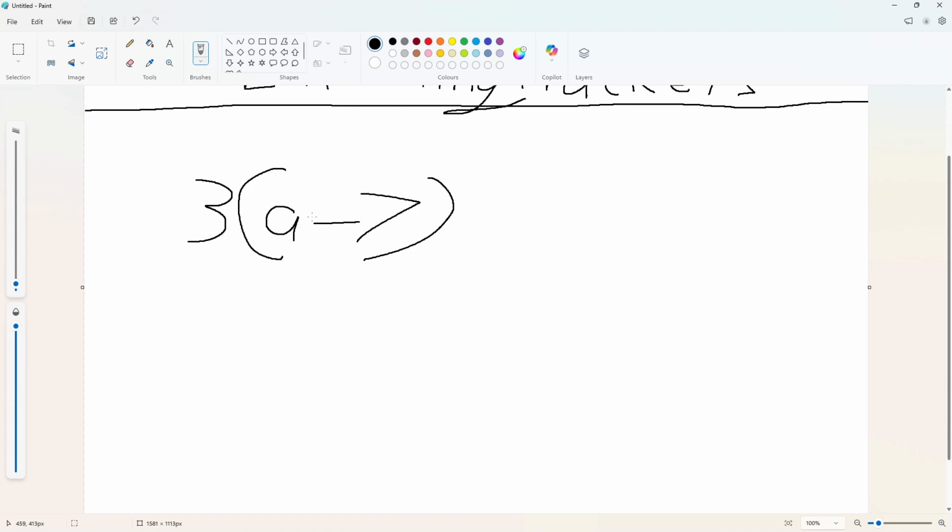But if you break it down like we did the last few ones, it's actually quite easy. So 3 times a would give us 3a.